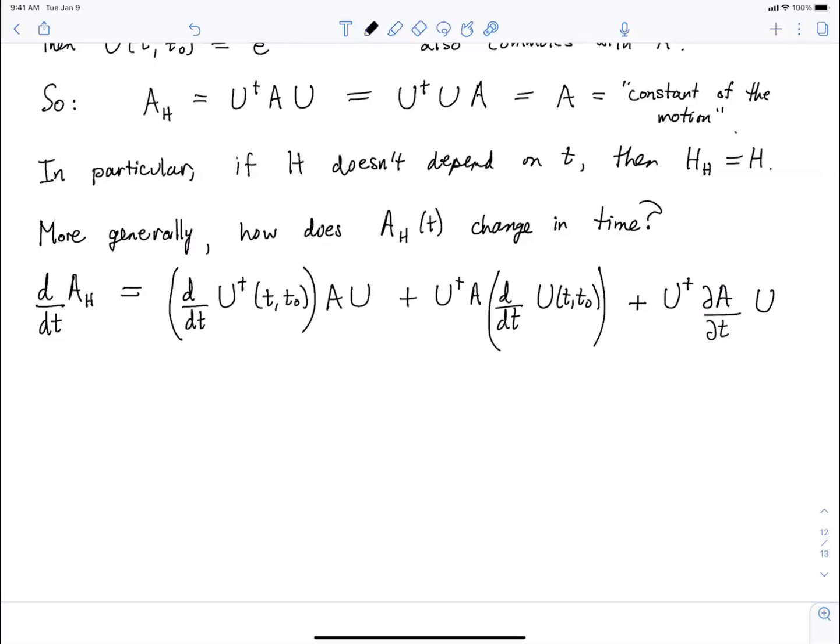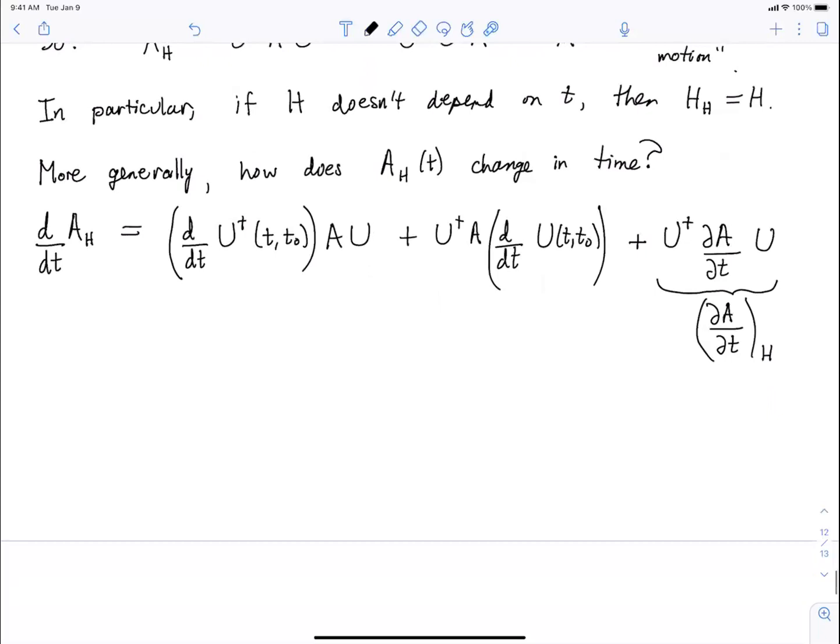So what can we do with these things? First of all, the last term is everything in the Schrodinger picture, but now we can translate it back to the Heisenberg picture, because this is the derivative of the Schrodinger picture A with respect to time in the Heisenberg picture, because we sandwiched it in between U dagger and U. For the others, we have to be a little bit more clever.